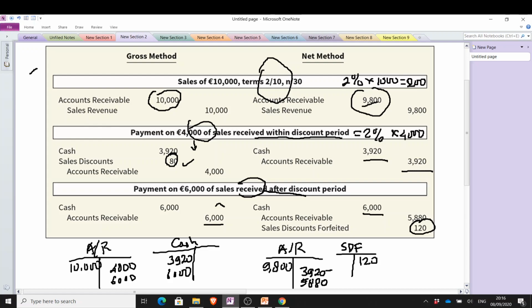So when you sum up this one, it equals 9,800.